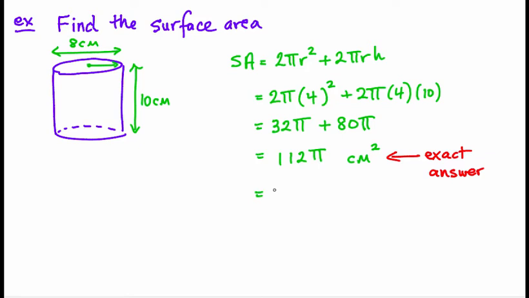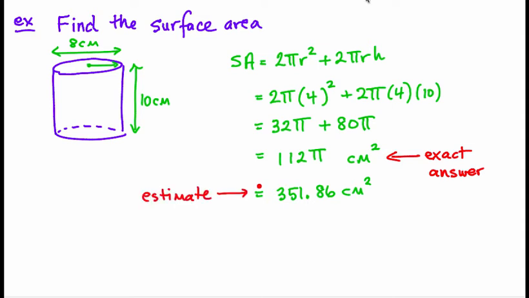I didn't need a calculator to get that exact answer. If you then wanted to use a calculator, or needed to if the question said round to 2 decimal places, then you can punch in 112 times pi, or just 112 pi on those calculators, and you can get 351.86 centimeters squared. And that's an estimate of the answer.